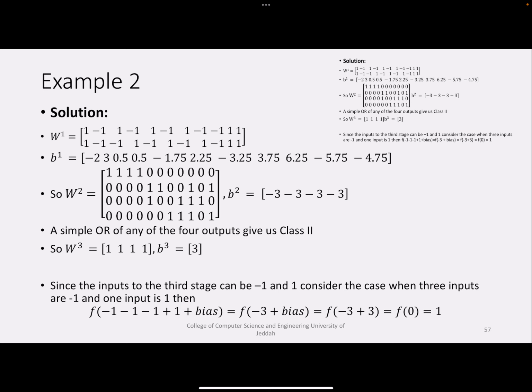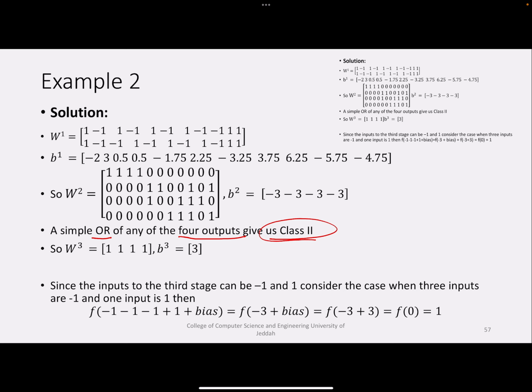Finally, what we want to do is OR in the third layer. We want to OR together the 4 outputs from layer number 2. And if any one of them is a 1, the output should be 1, and that should tell us that the class that the input belongs to is class 2.